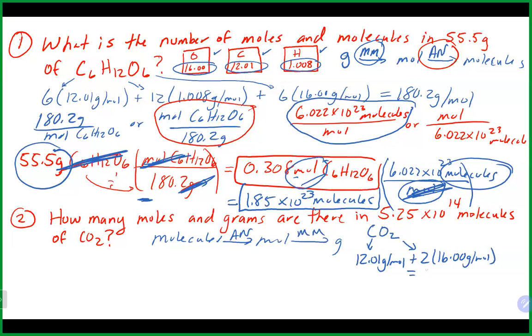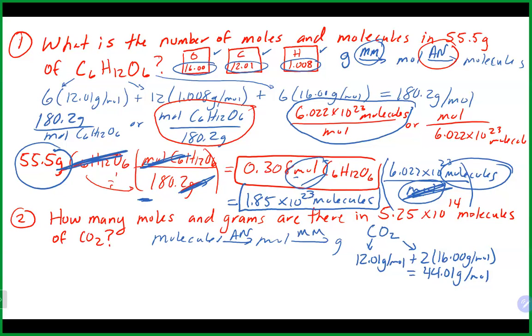The total is 44.01, which is our molar mass of CO2, which we're going to use at the end as a conversion factor to take us to the end of our calculation.